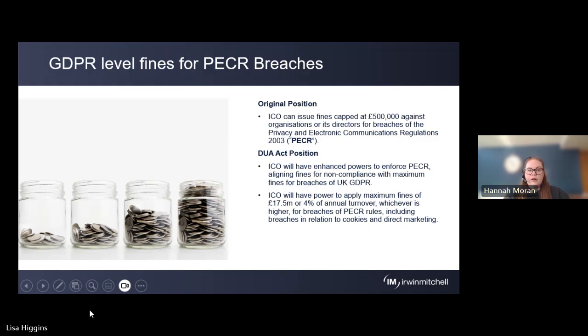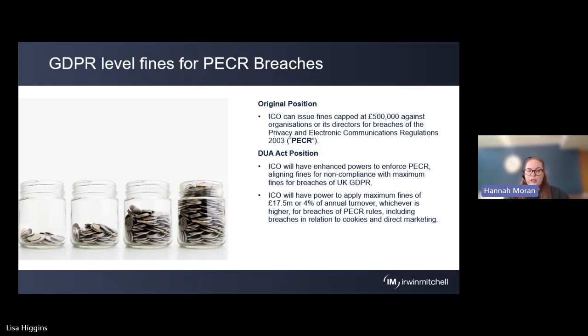So under the current position, for PECA breaches, so things like breaches of cookie rules and the direct marketing rules, the ICO can issue fines of up to £500,000. That's the cap.